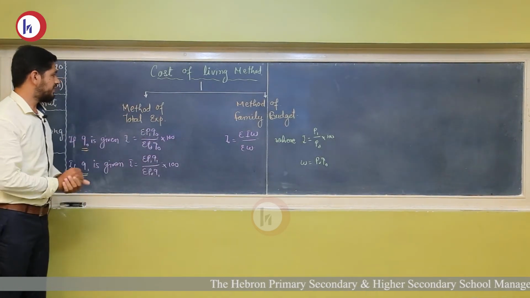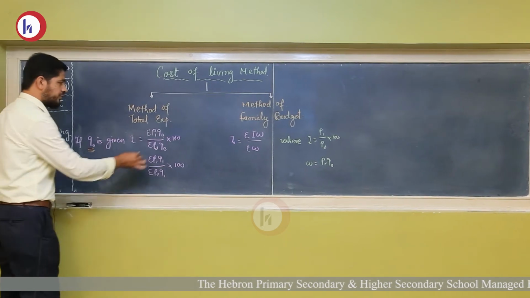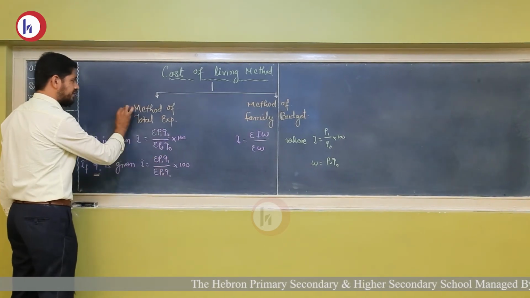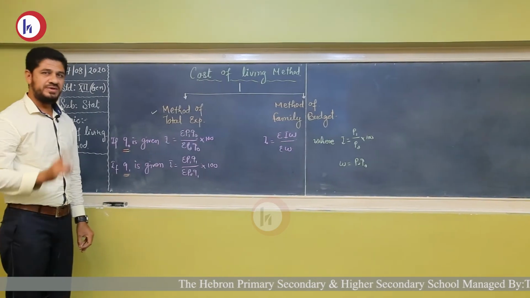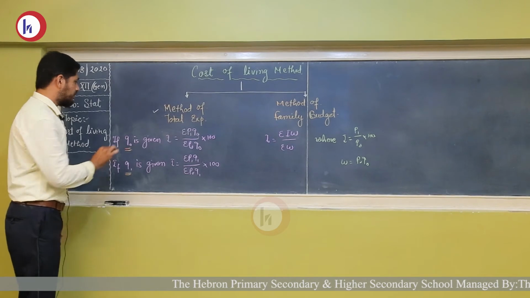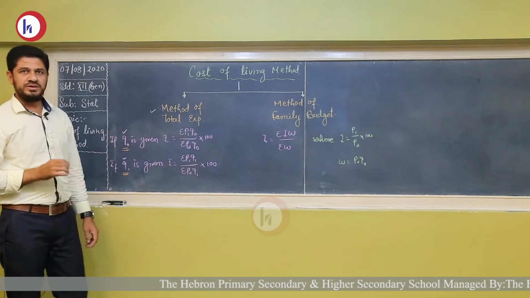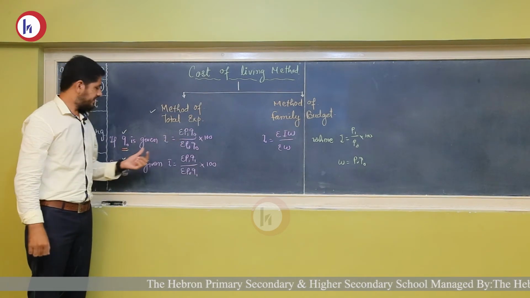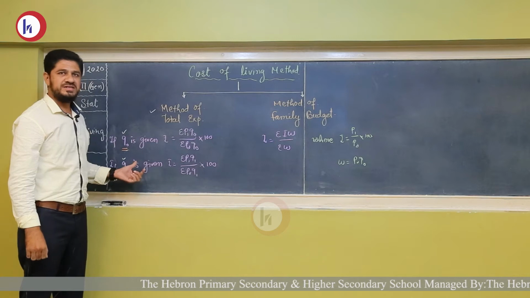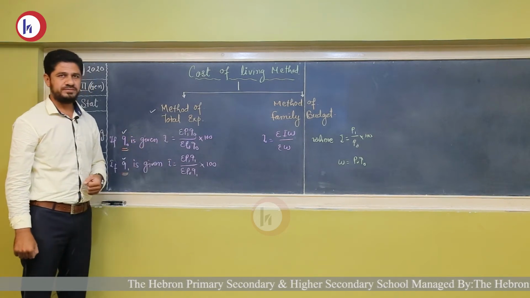Let's come to the method of total expenditure. Now we have two different formulas to find the value from the method of total expenditure. It is based on the value of Q0 or Q1. If the value of Q0 is given, we will use this formula. If the value Q1 is given, the quantity of the current year, we will use this formula.